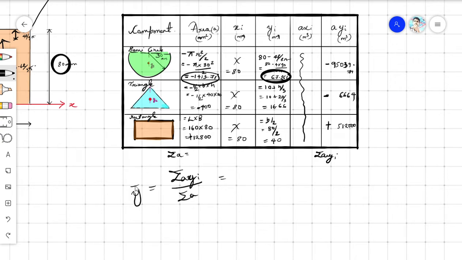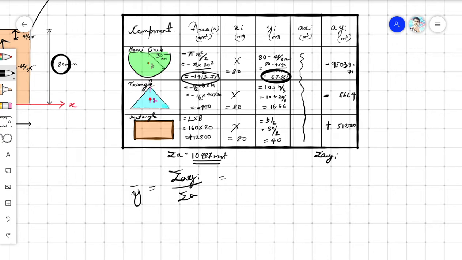So 12,800 minus 400 minus 1413 gives you somewhere around 10987 mm square.